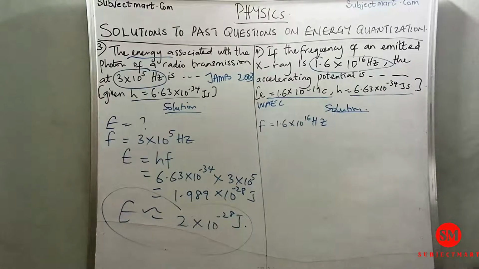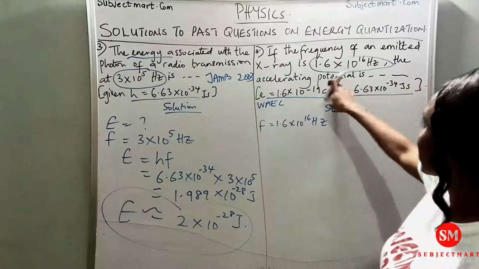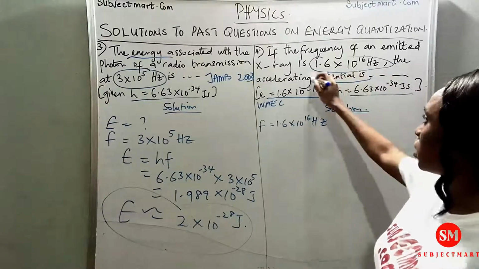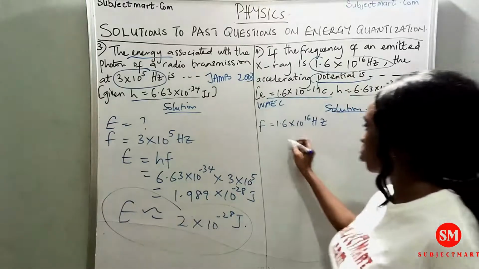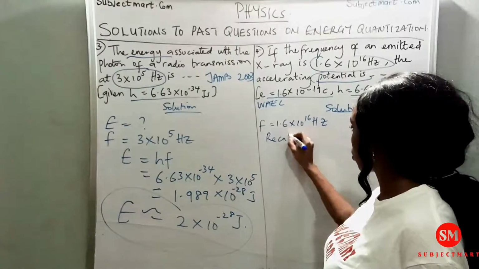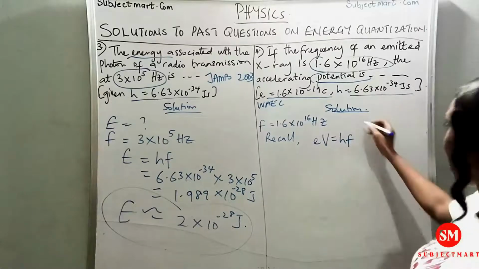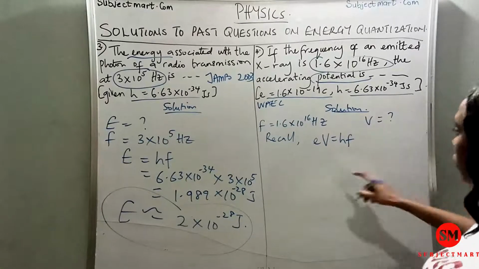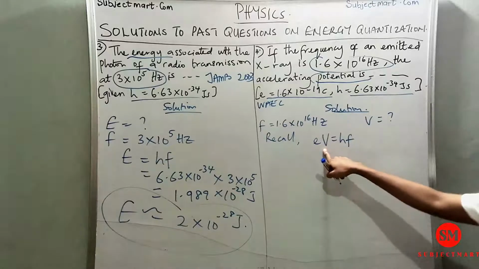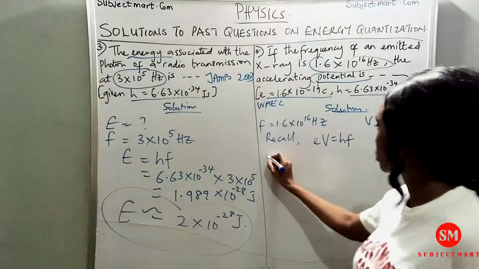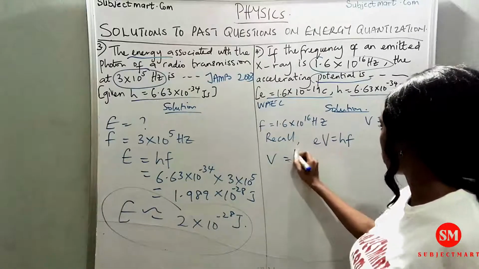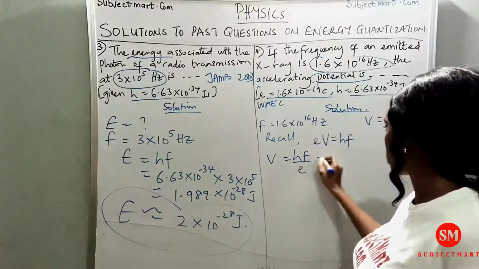So we are asked to find the accelerating potential V. You recall that eV is equal to hf. So we make V the subject of the formula from here. So V is equal to hf over e.